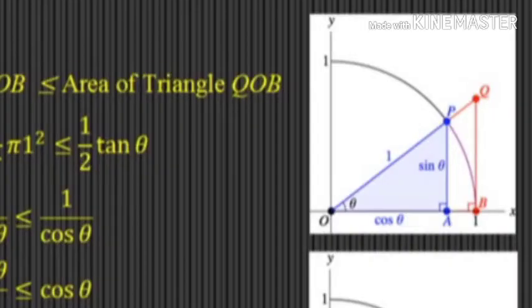The first picture has a right triangle whose hypotenuse length is equal to the radius of the quarter circle, 1, and the adjacent side OA is equal to cosine theta, because cosine theta is equal to adjacent over hypotenuse. The opposite side, AP, is equal to sine theta.